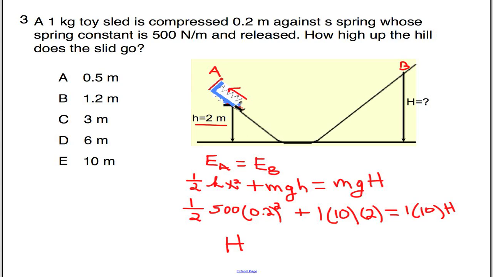All you have to do is calculate, and you can check yourself that H turns out to be 3 meters. So it'll go 3 meters high.